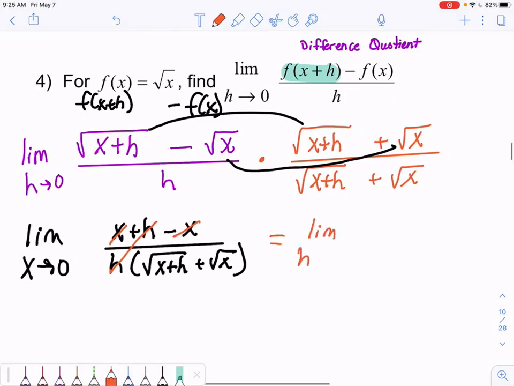So what we have left, sorry, that's supposed to be an h that changed to an x out of habit, is a 1 in the numerator, because when terms cancel, when you're multiplying something on the top, dividing it out on the bottom, you get a 1. And then we have the square root of x plus h plus the square root of x.